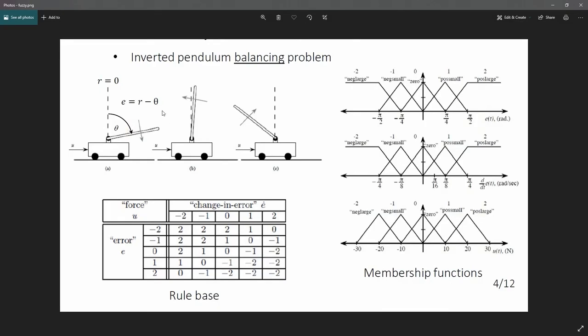So the vehicle should move to the left with very high velocity, or -2. But it may be -1, depending on each individual's logic. We have to do experiments. But one secret about setting the rule is trying to make it symmetrical.